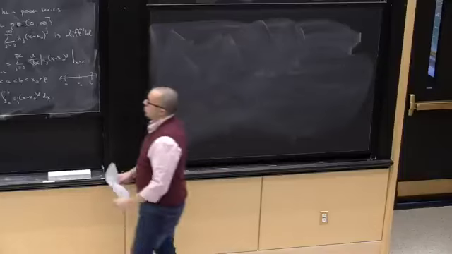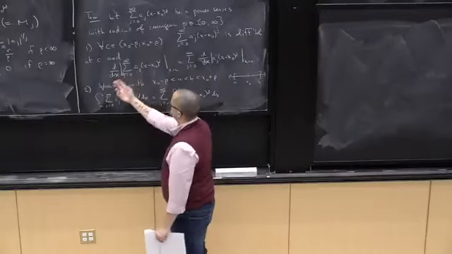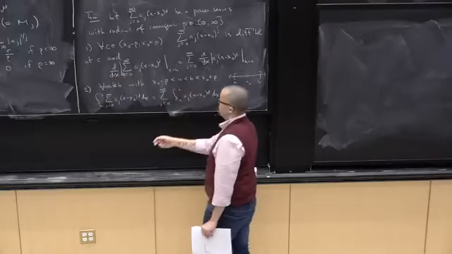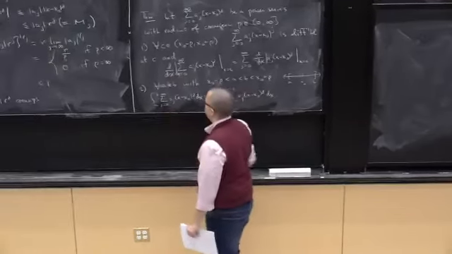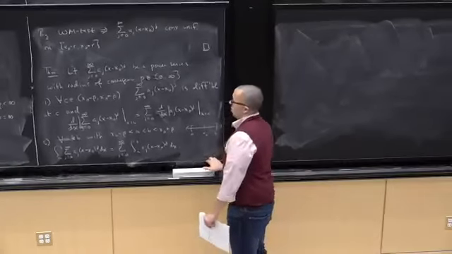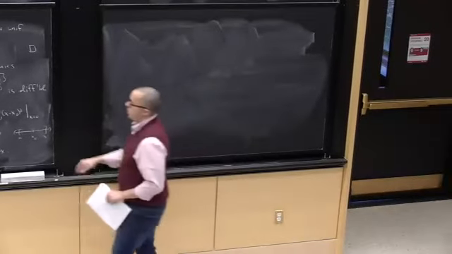Okay, so for power series, I can interchange the limits. The limit being taking a derivative and the sum, I can interchange. And then I can also interchange the integration and the sum, as long as I stay within the radius of convergence. Okay, and this statement here is pointwise.